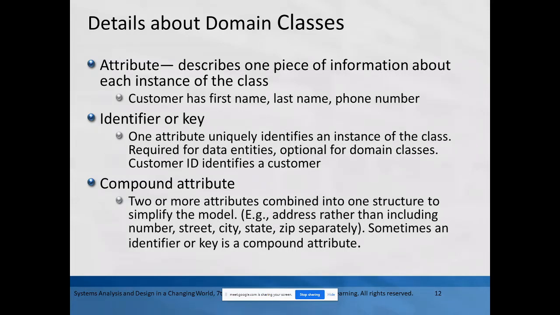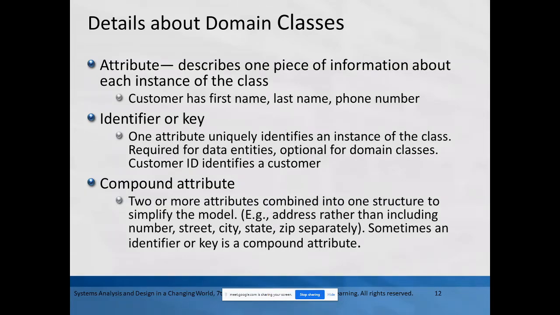Now, you could replace the term domain class with the word entity, and these would all be exactly the same. Entities also have attributes, keys, and potentially compound attributes. So in this case, use them interchangeably. And again, I will be getting to the actual mistakes and errors that he has about that in a little bit. But for right now, just use those terms interchangeably.